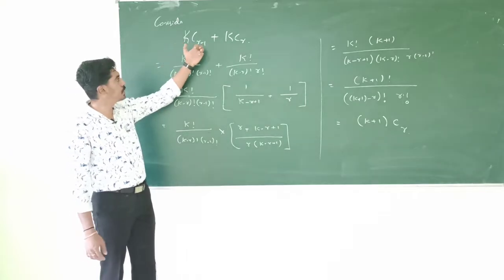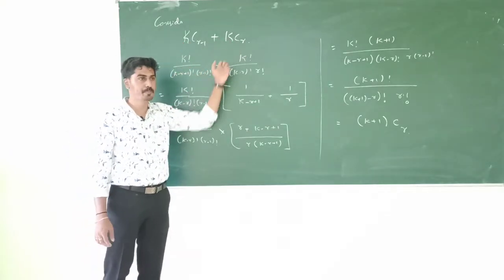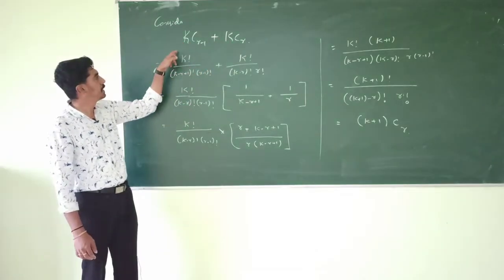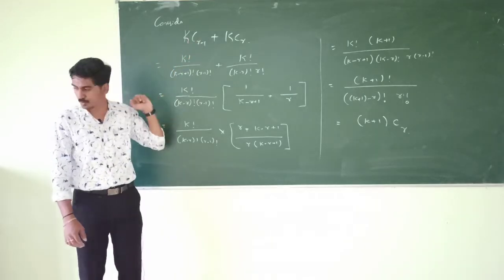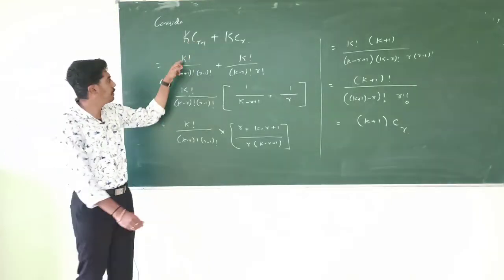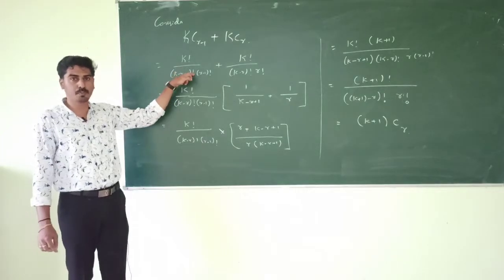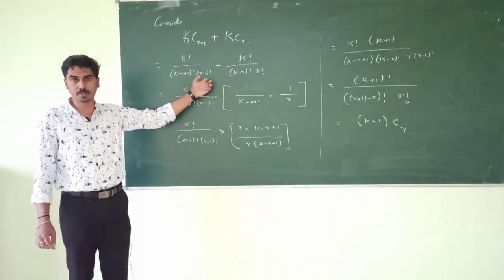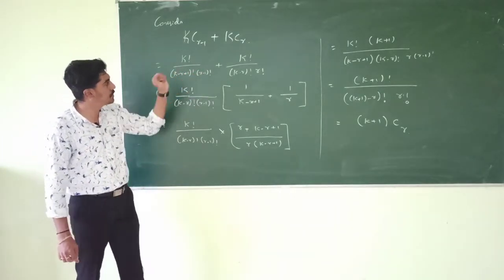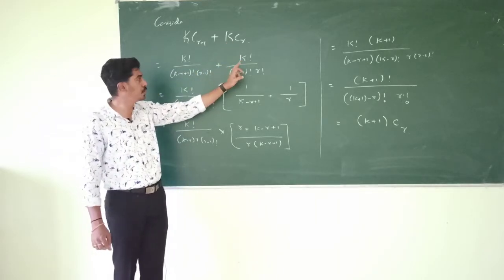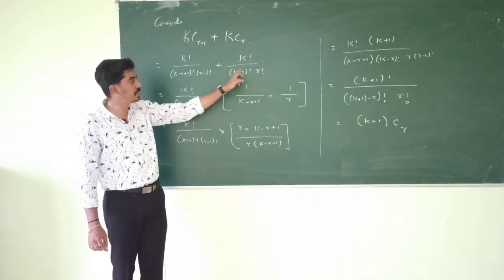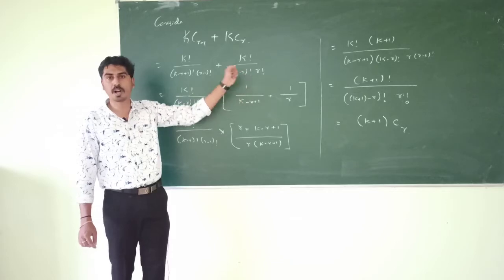Consider kcr minus 1 plus kcr. By the formula, kcr minus 1 will be equal to k factorial by k minus r plus 1 factorial divided by r minus 1 factorial, plus kcr will be equal to k factorial by k minus r factorial into r factorial.